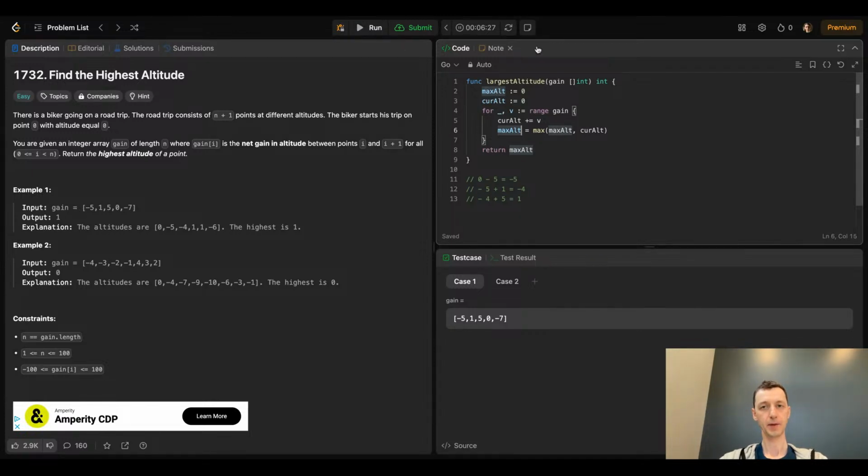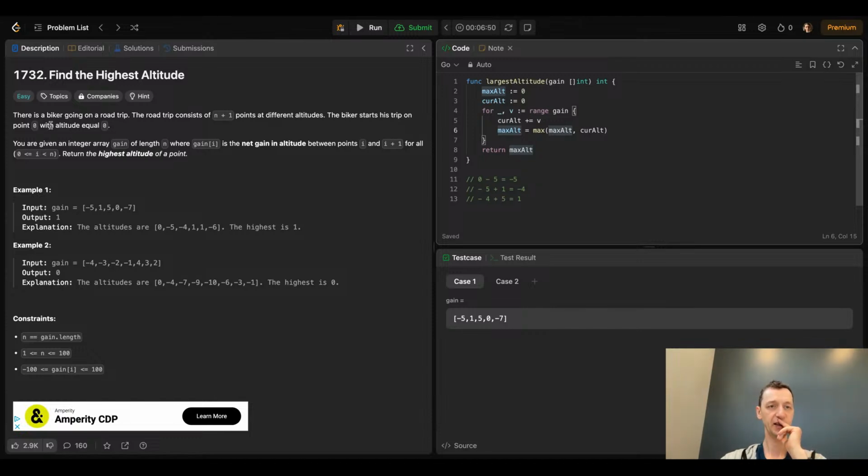So why should that do that? Max is 0 at first, because the starting point is 0, with altitude equals 0.